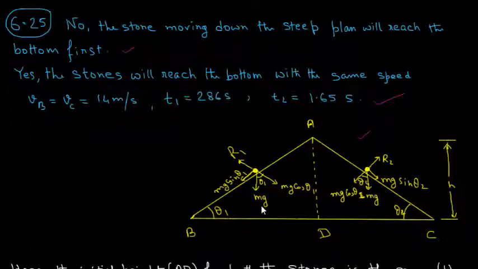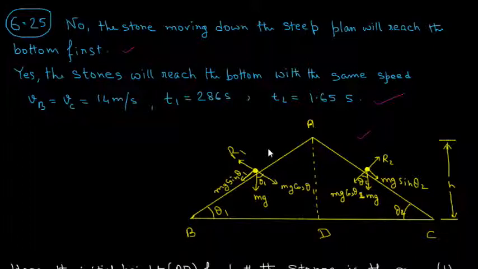So mg can be resolved into components, that is mg cos theta 1 and mg sin theta 1, where mg sin theta 1 is the component along the plane and mg cos theta 1 is the perpendicular component, which equals the reaction force R1.